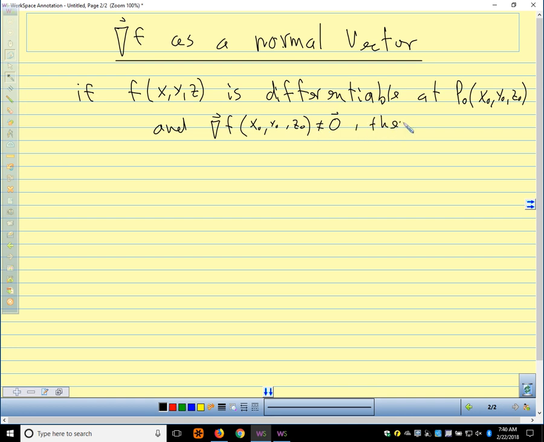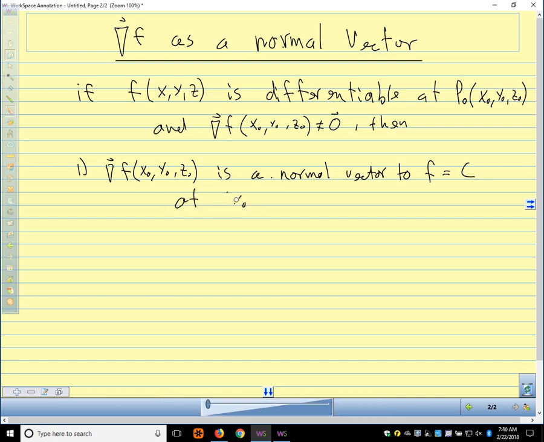Then we have these things. One, del f at that point, so that's going to be a normal vector to f equals a constant at that particular point. I'll just say at p0.